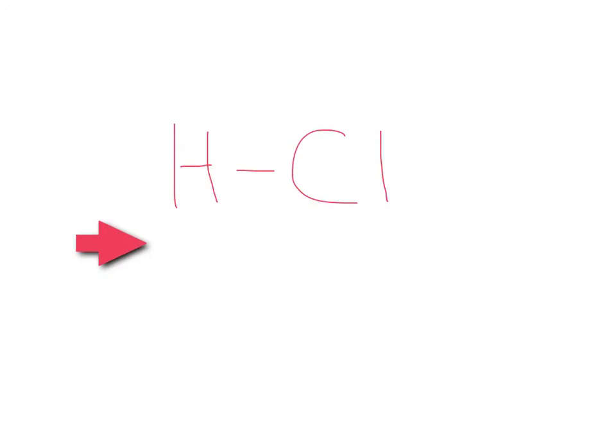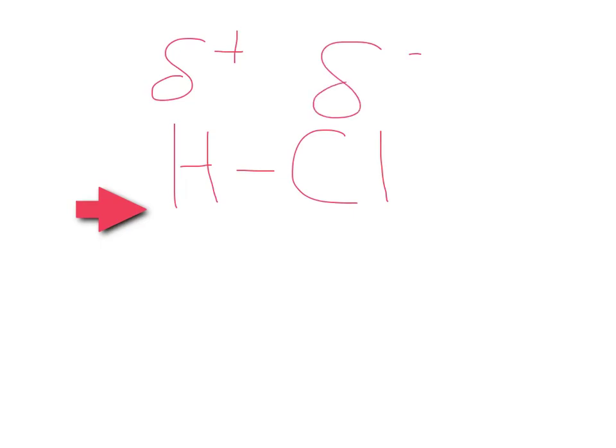It's not one of my network solids, so which one would this be? Well, I have hydrogen versus chlorine. Chlorine is way more electronegative than hydrogen ever would be. So, because of that, we're going to have hydrogen as a partial positive charge, chlorine as a partial negative charge. So I've created some type of permanent dipole here. So this would be a polar covalent molecular compound.